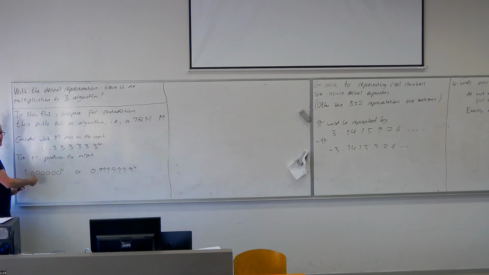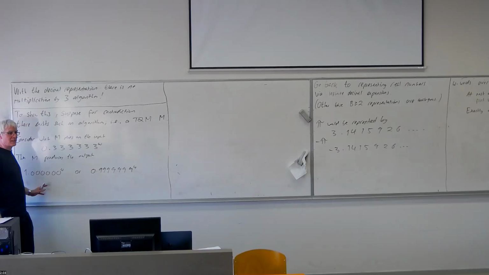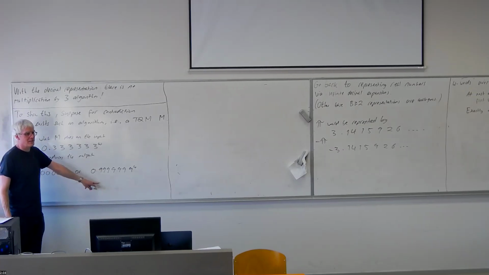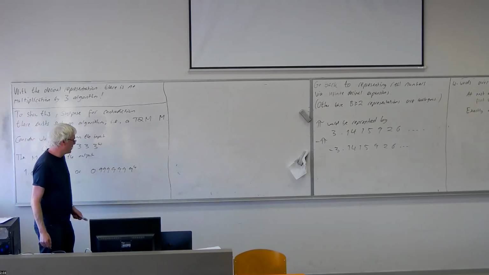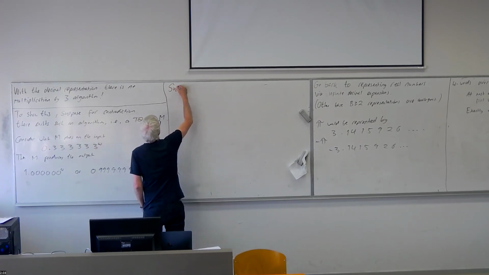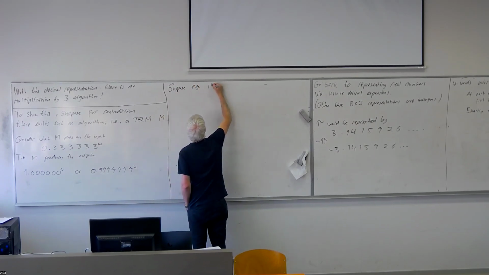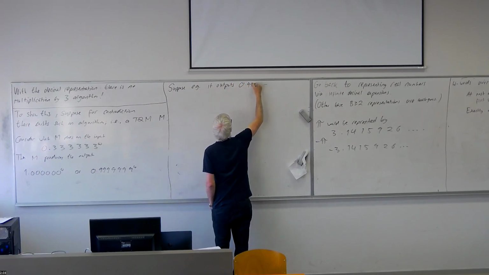We're going to show that either case leads to contradiction. In the later notes, the first case is covered, so let me consider the second case. They're both very similar. So suppose, e.g., it outputs 0.99.